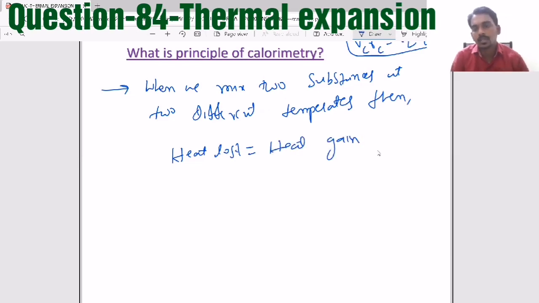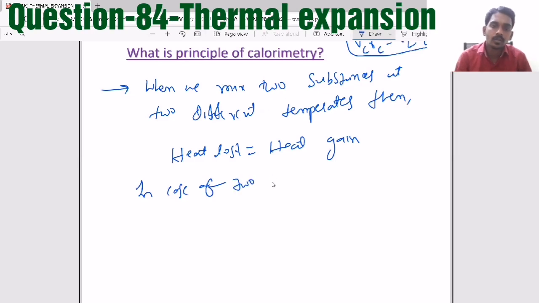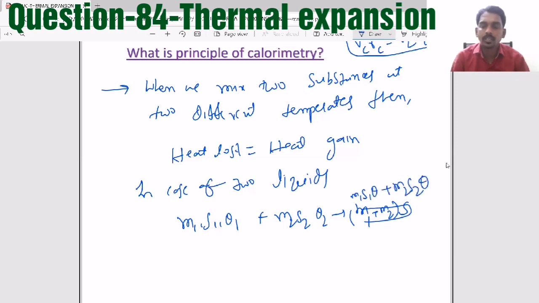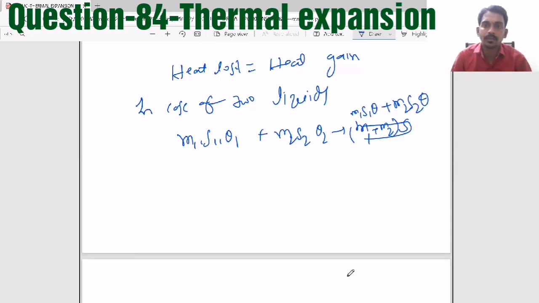Heat lost by one substance equals heat gained by another substance. And in case of two liquids, like M1 S1 theta 1 mixed with M2 S2 theta 2, then it will become M1 plus M2 ... M1 S1 at theta plus M2 S2 at theta. They come to one common equilibrium temperature.